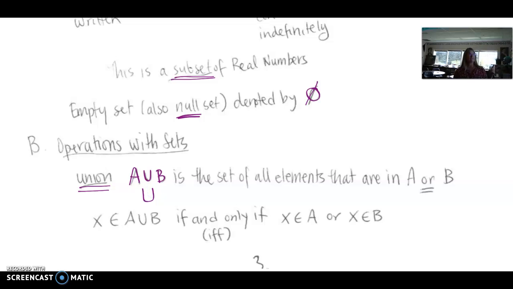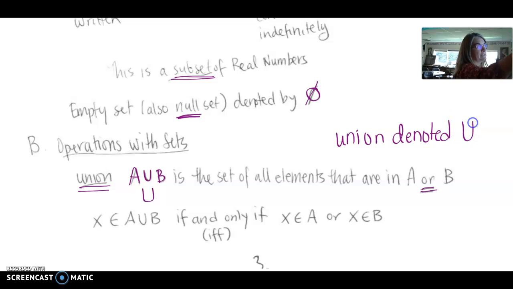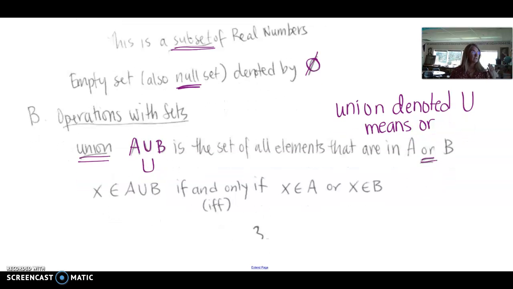It is the set of all elements that are either in A or B. So union, denoted like this, means or. It could be in either A or B.